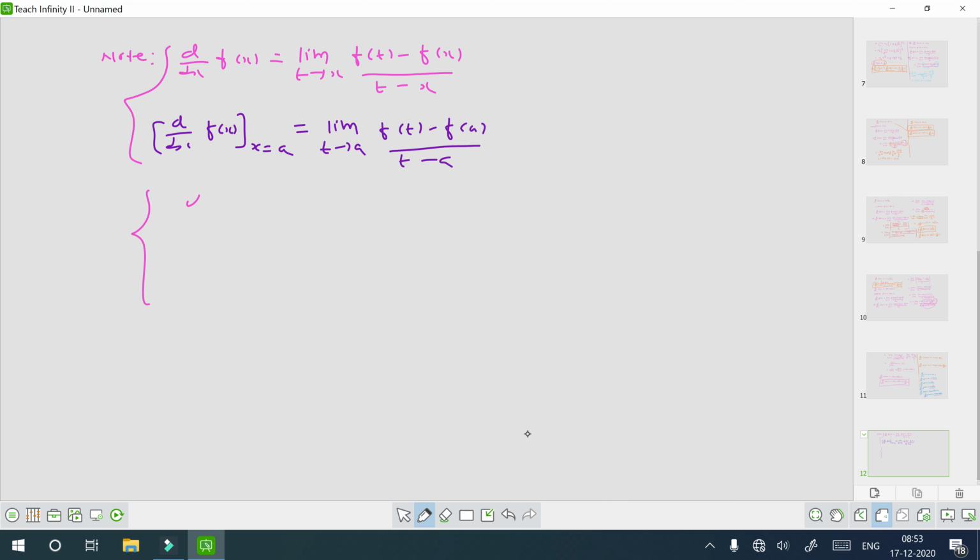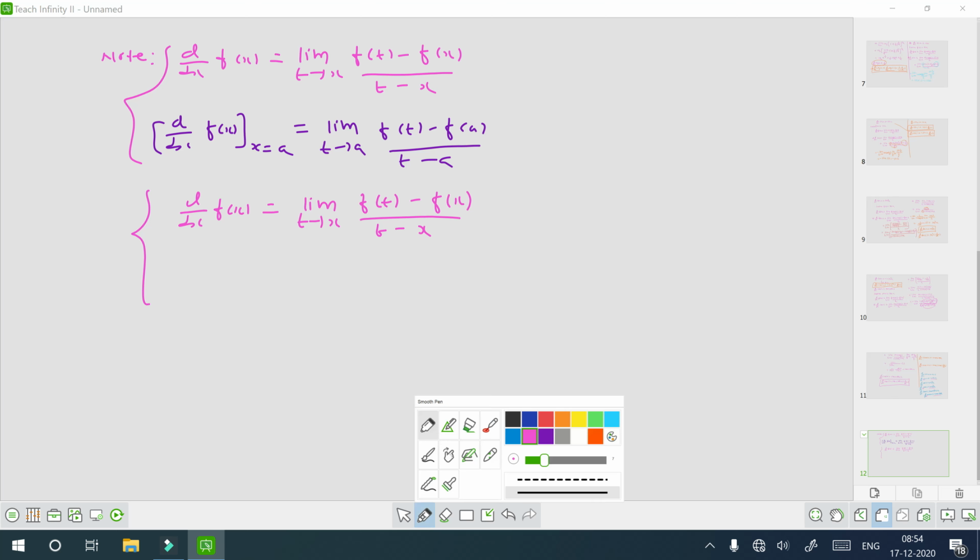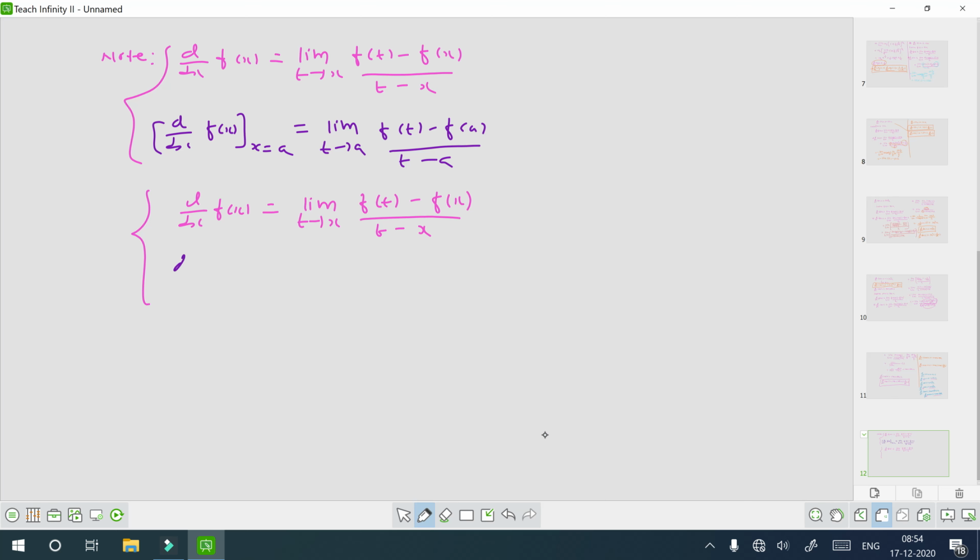Now second definition, d by dx of fx is equal to limit h tends to 0, f of x plus h minus fx upon h.